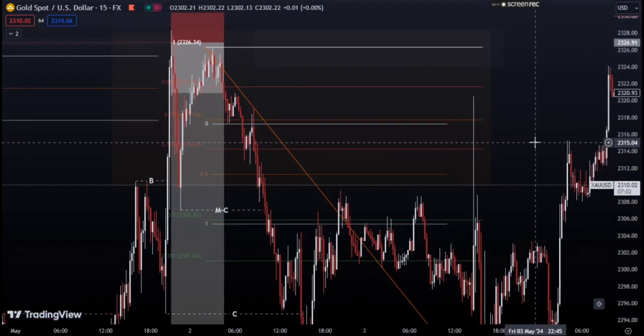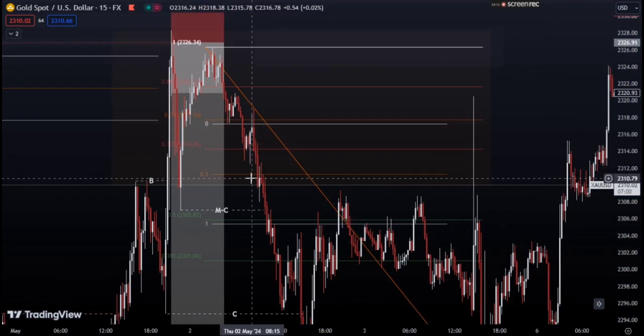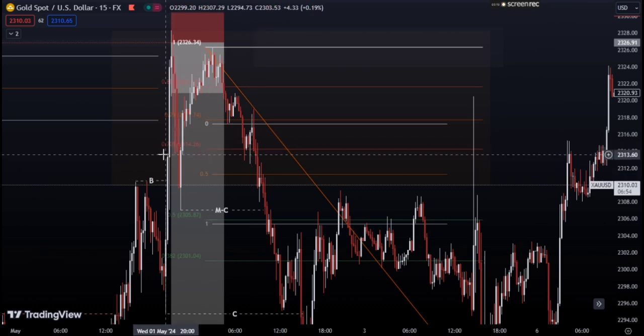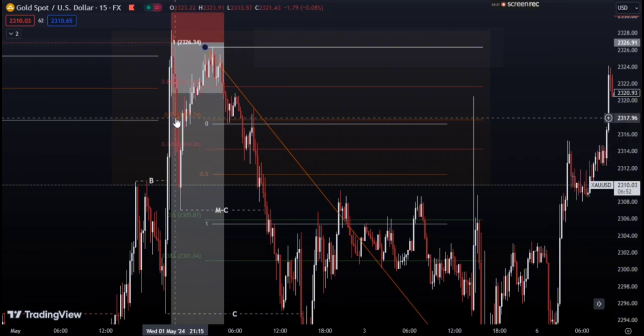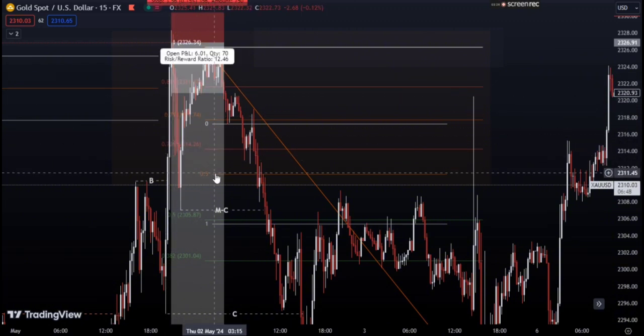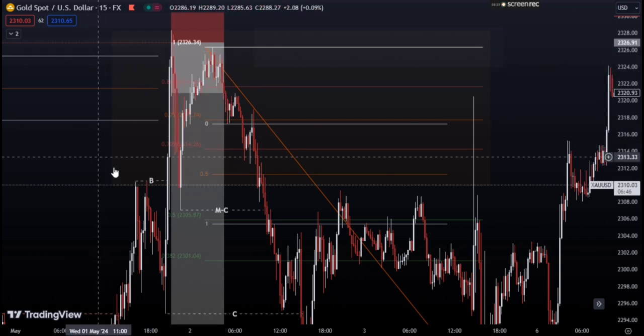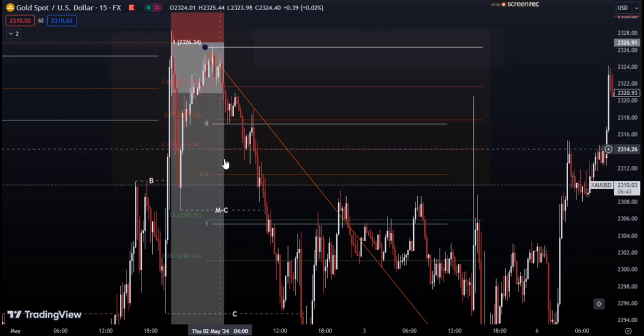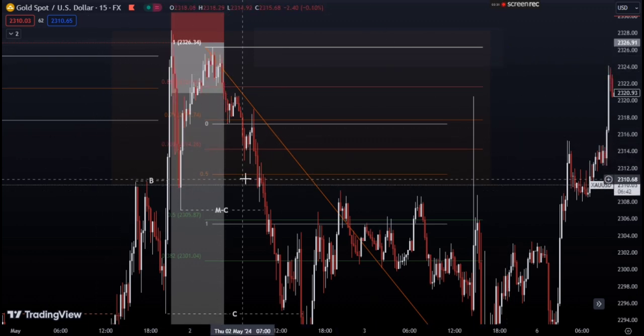Good. So we have the 50%, which I don't sell at equilibrium. There's no way. So I only sell above, which is the 70.5%, 79%, or the 88.6%. Good. So I want the zone which is within this price trend shift level.